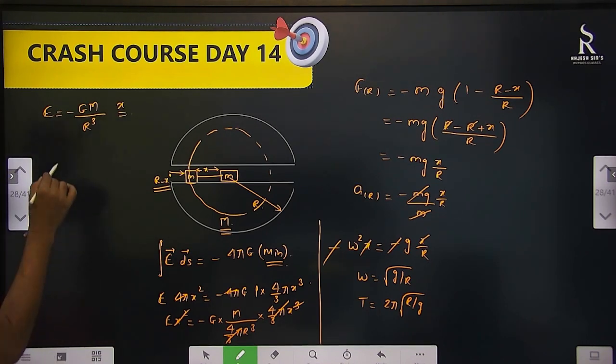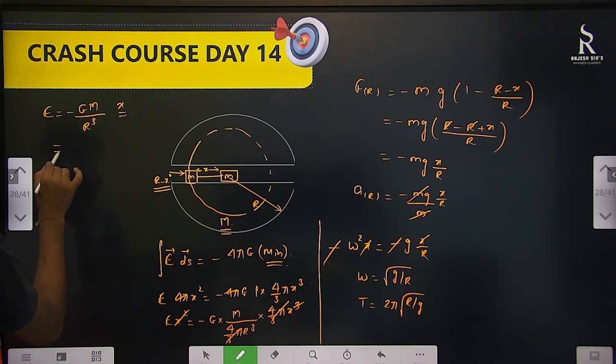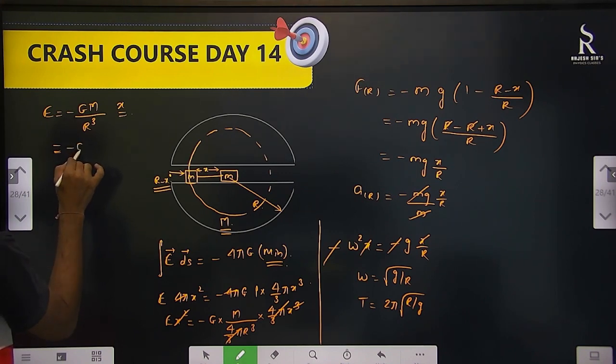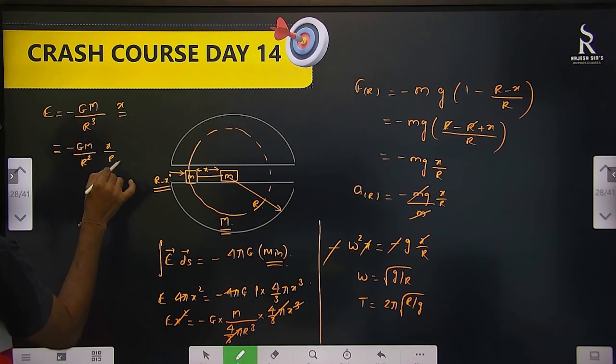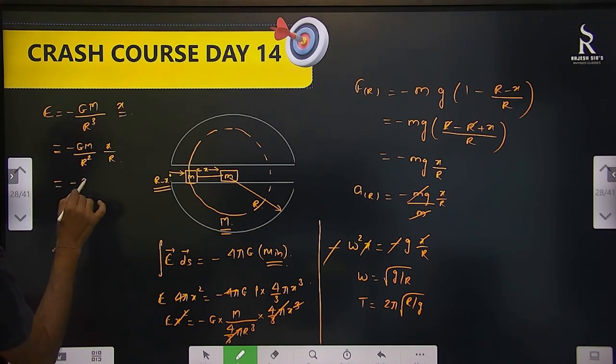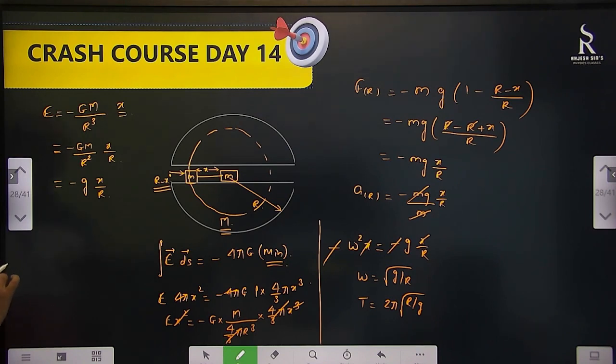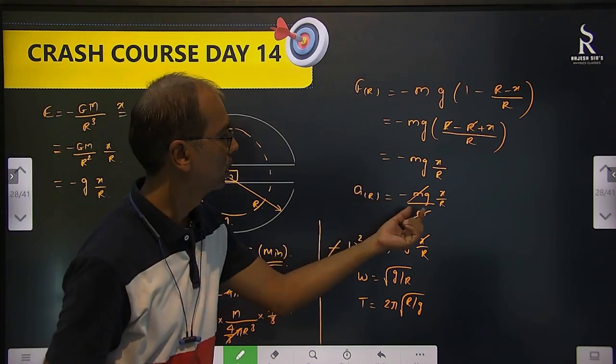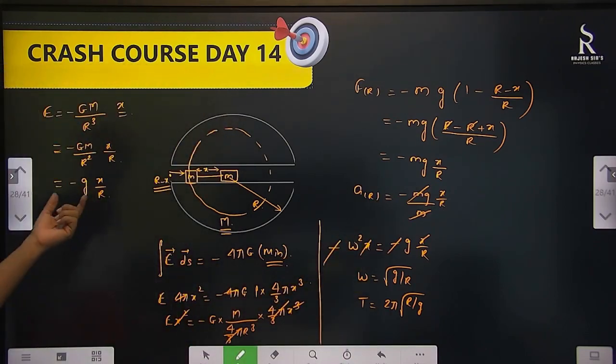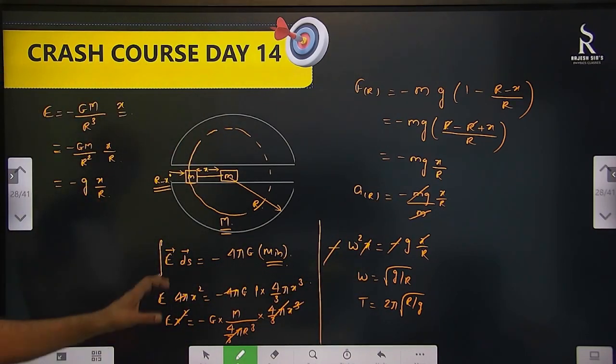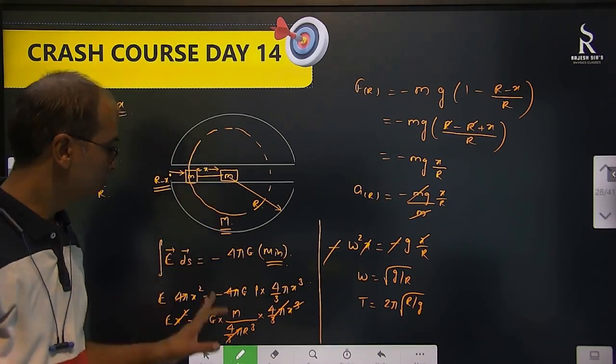Now we know that GM by R square is small g. So minus GM by R square into x by R. So this is minus g x by R. Let's check. Is this the acceleration we have written? Yes, minus gx by R, minus gx by R.